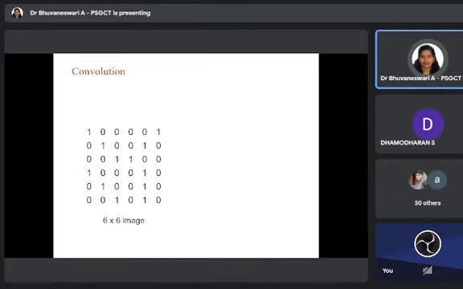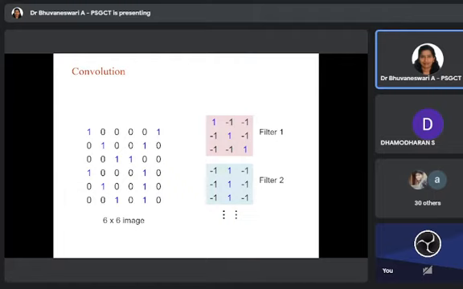Say, for example, if you have a 6 by 6 image, there are two filters wherein you can divide the image into 3 by 3. All the zeros are represented by -1, and the other is +1. So you can create filters, and these are the network parameters to be used for learning.